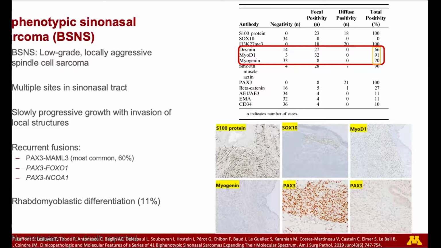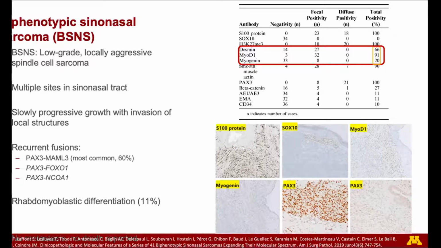They do have a characteristic recurrent fusion, most commonly PAX3-MAML3 in 60% of cases, but more interestingly, they can have PAX3-FOXO1 and PAX3-NCOA1. These are the 2 less common fusions that I already talked about, the same fusions that we discussed in alveolar rhabdomyosarcomas, and these tumors can show rhabdomyoblastic differentiation, interestingly.